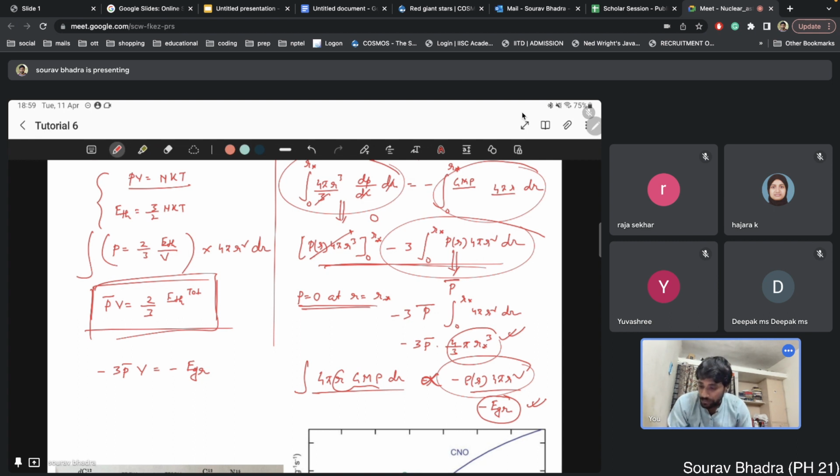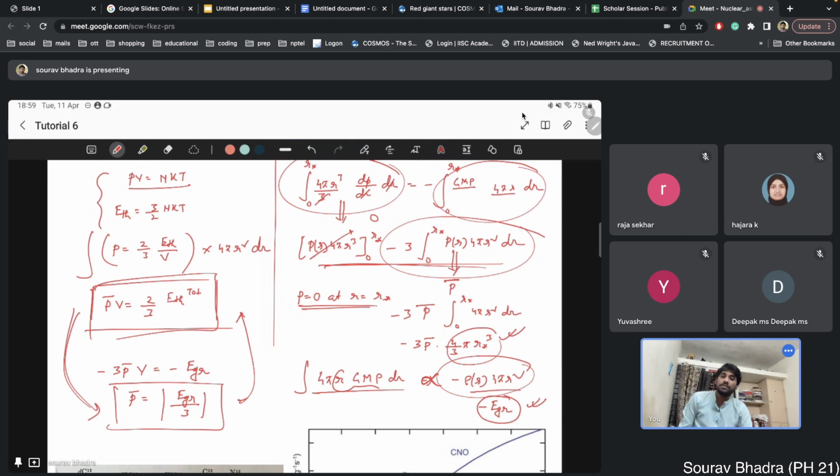Now, 3PV. Okay, now you can write it as your P is EGR by 3 volume, and these two we will just equate, and we will get a result between E thermal total and EGR.